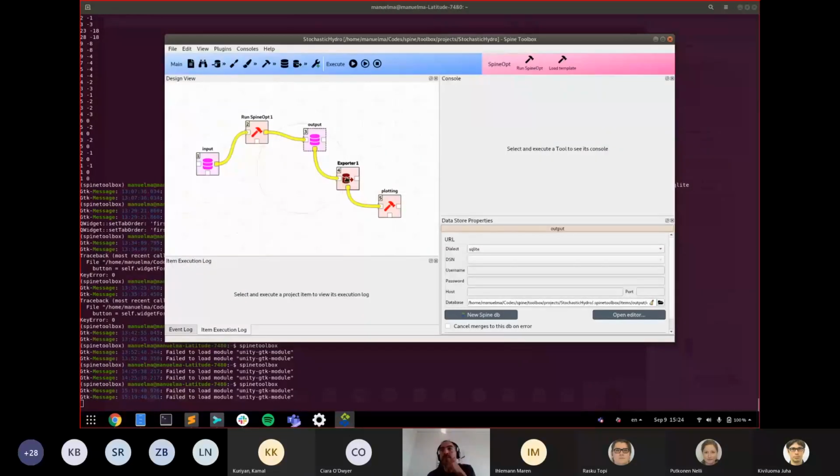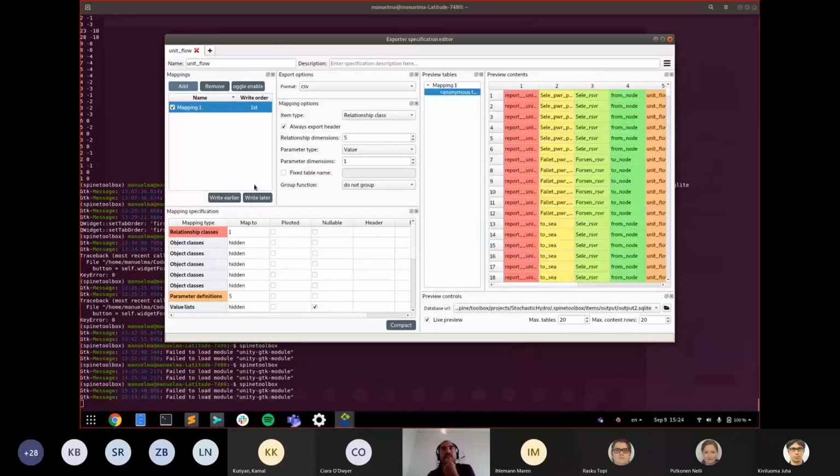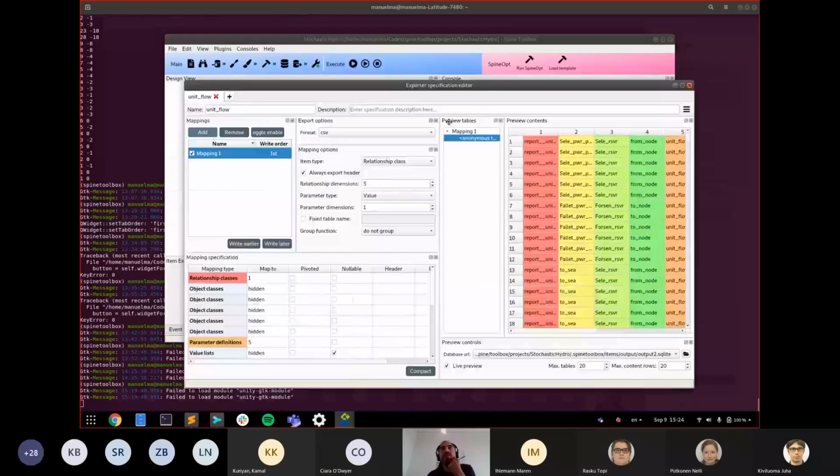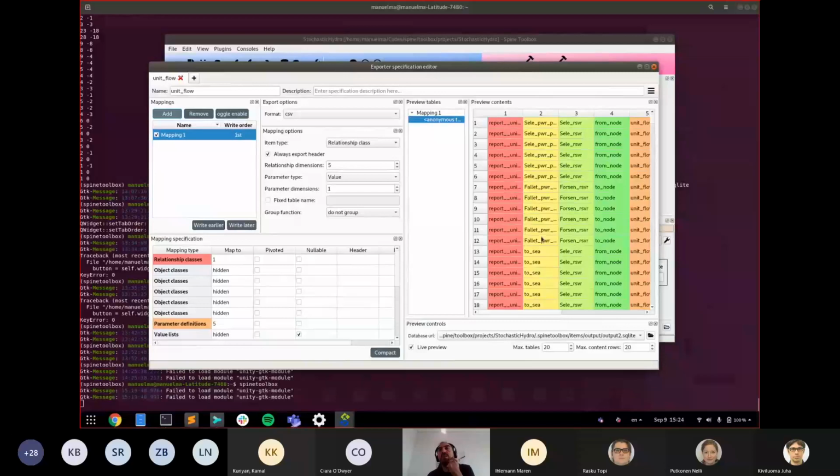And this is the exporter, since I have a few minutes. The exporter basically sniffs the output database and just outputs data from that database into tables. And I can specify a mapping here where I can select where I want to put each database element in the table.